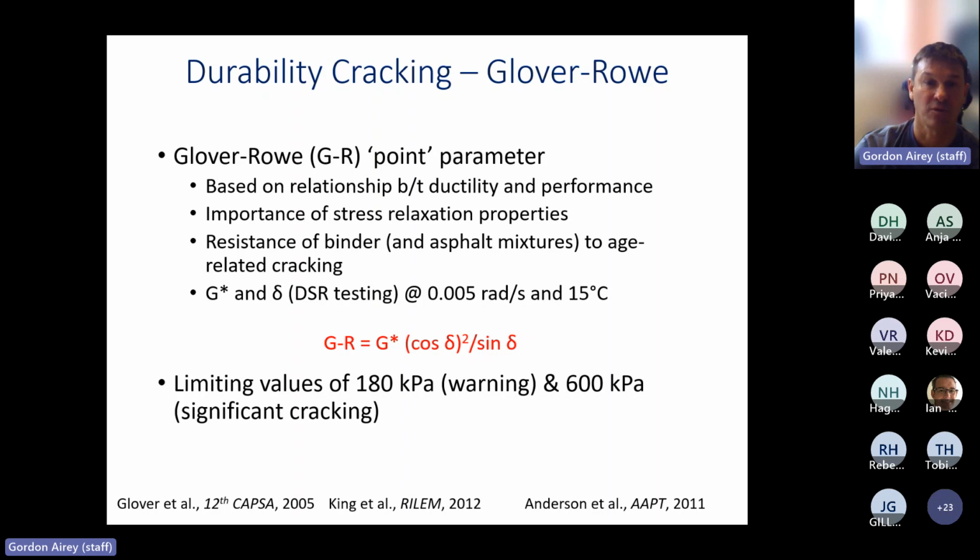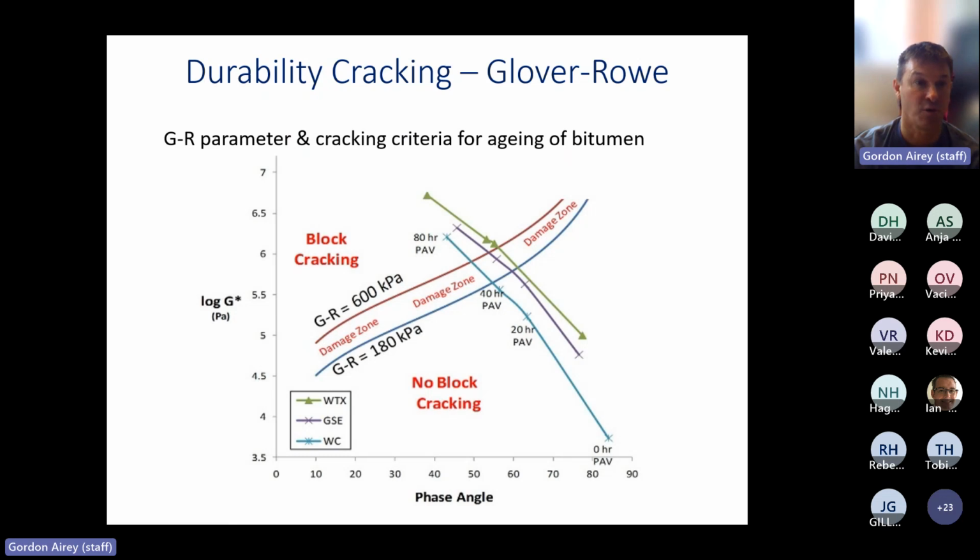So if I show you what the graph looks like, what we have is the black space diagram, modulus against phase angle, where we've got our two limiting criteria. If we're below the 180, we're in a safe zone, no block cracking or durability cracking. If we are above that, we are in what we call a block cracking or durability cracking issue area.